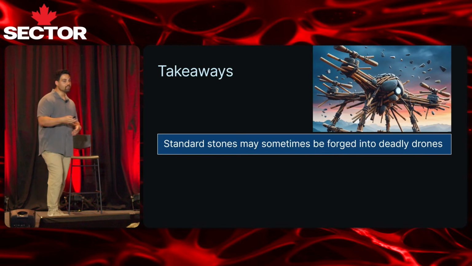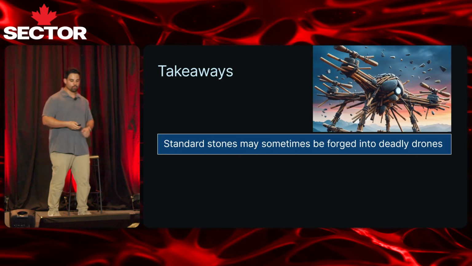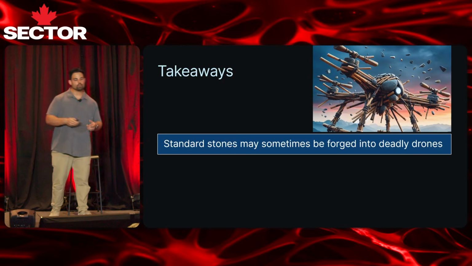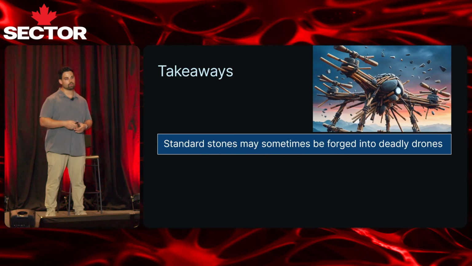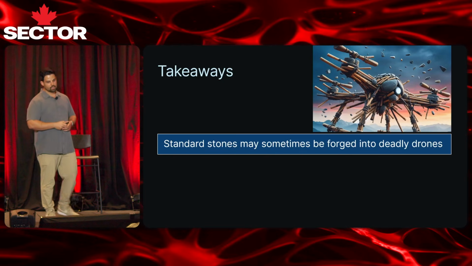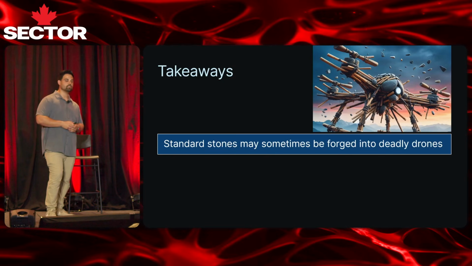You might achieve something, but maybe it's not the exact thing that you were looking for. Now, when we reflect on our research, we believe that even seemingly unimpressive abilities can sometimes be transformed into something much more powerful.